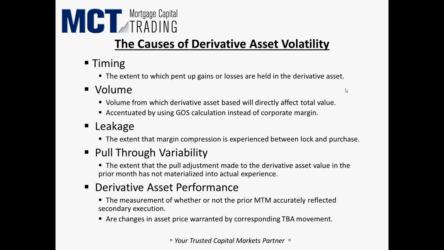So going to the next slide, getting a little bit deeper into the causes: derivative asset volatility. Timing is really the extent to which pent-up gains or losses are held in the derivative asset. All that means is, did a huge cash experience occur the month prior?